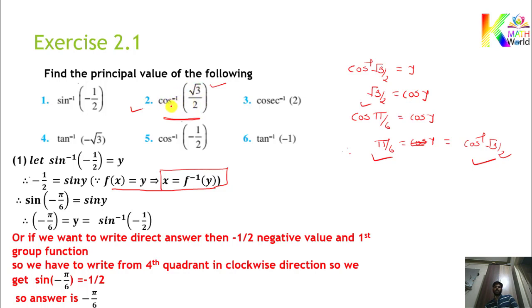The value of root 3 by 2 in terms of cos is cos 30 degree. It means your answer is 30 degree. Whenever you get a positive value, the answer is from the first quadrant.